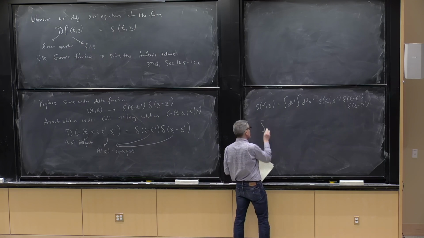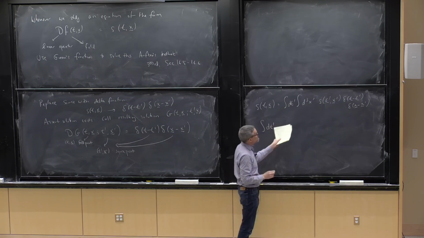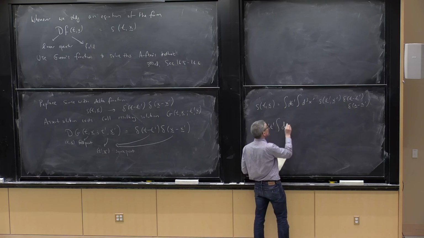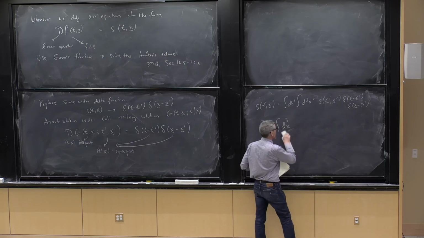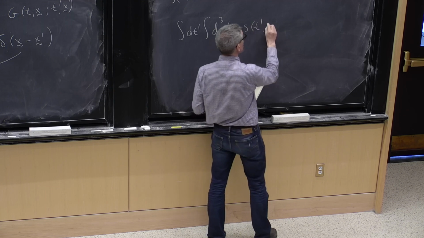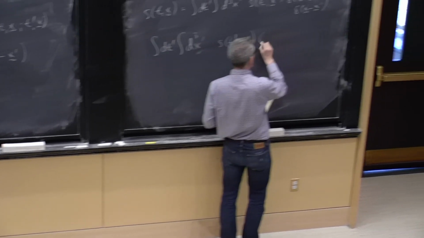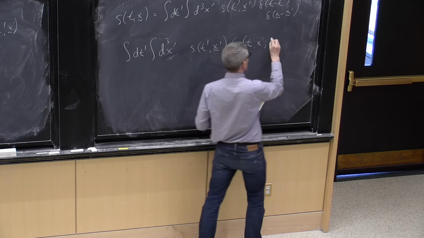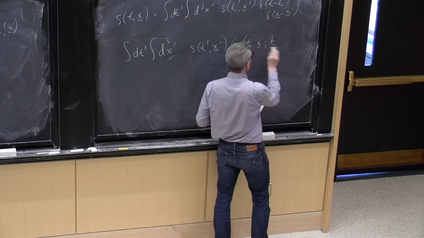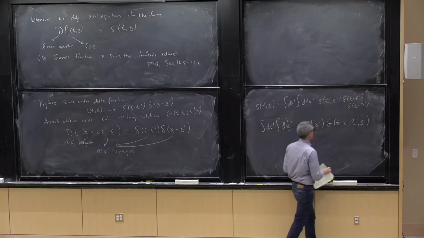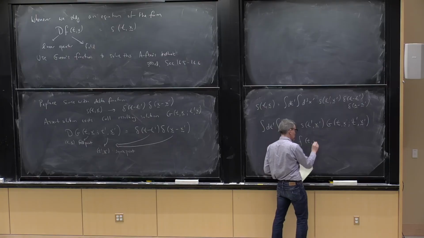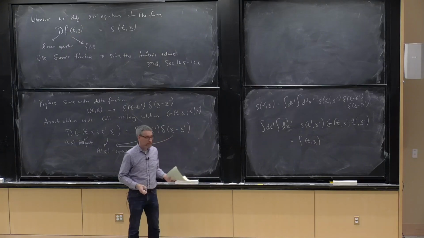However, what's sort of remarkable is if instead of integrating the source against the delta functions, I integrate the source against the Green's function, if I do this, then what I must get out of it is the solution F. This is actually very easy to prove.